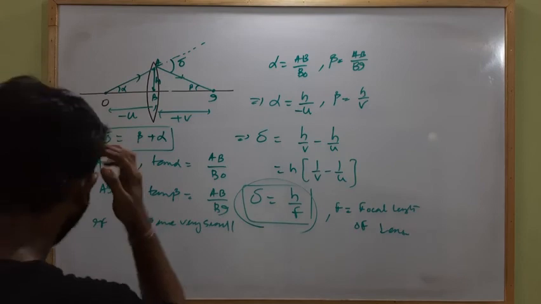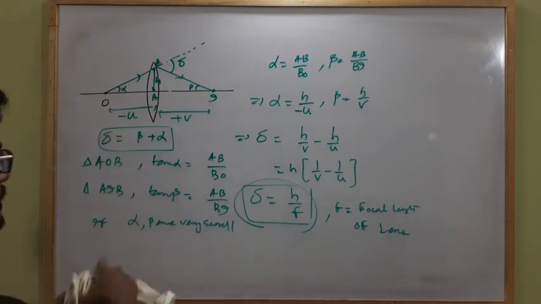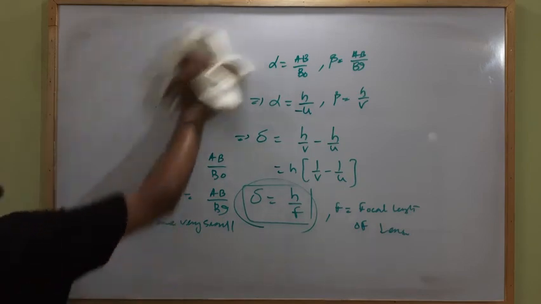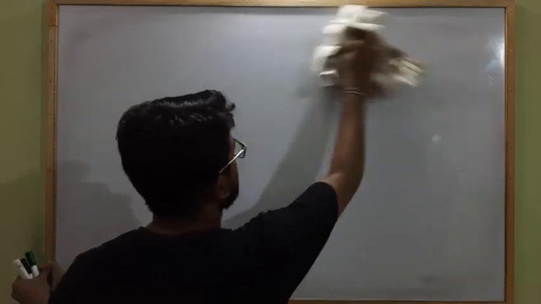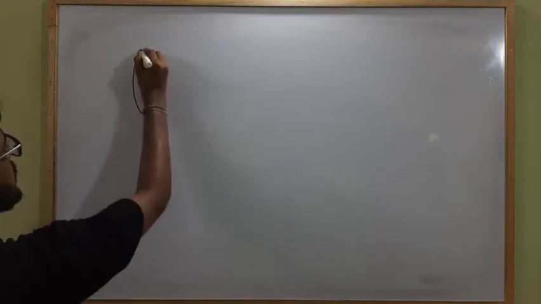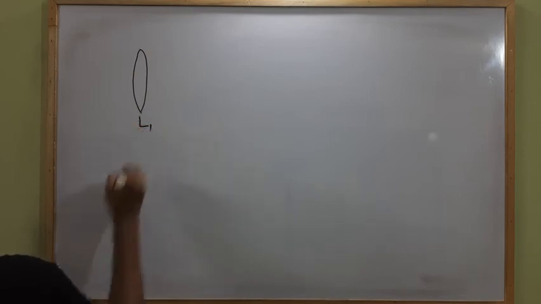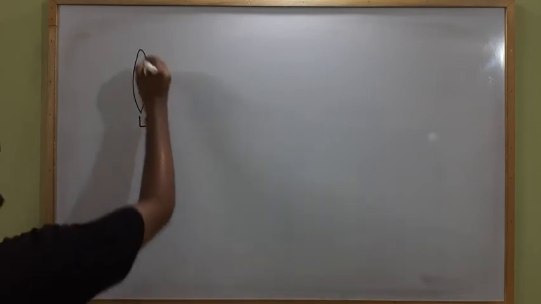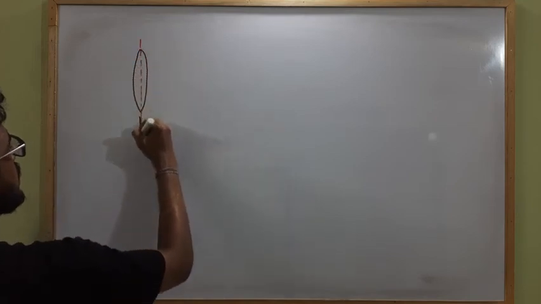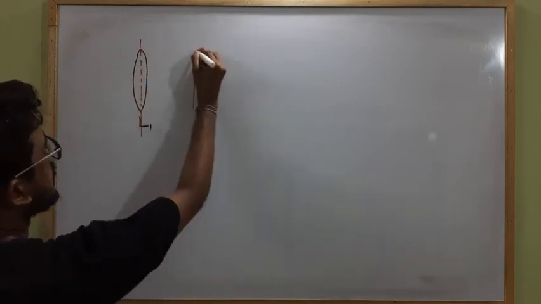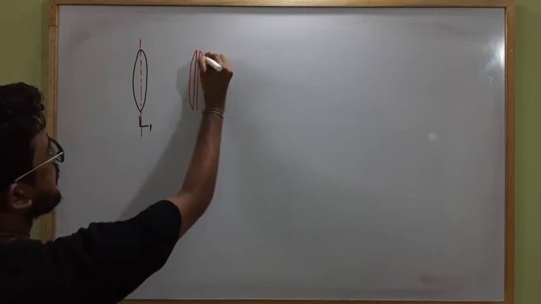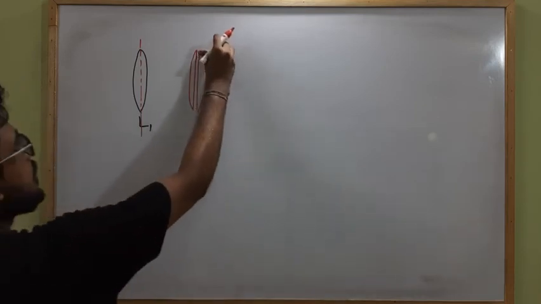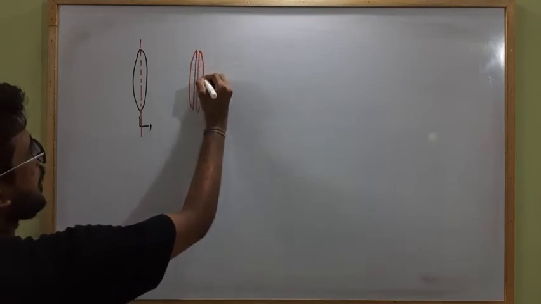Clear? Next, if a lens is given to us, and we cut it vertically into two parts like this, then what will be the value of the focal length?